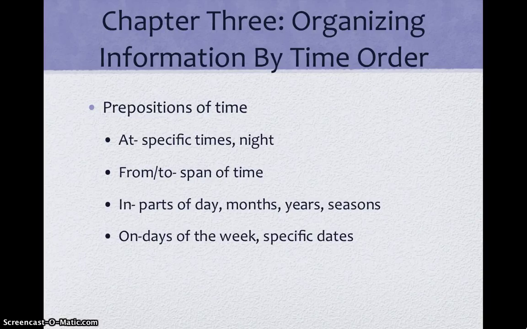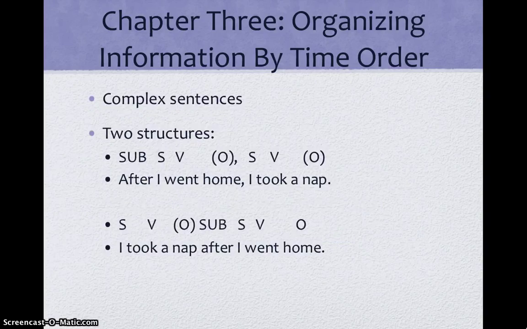On goes with days of the week and specific dates: on Monday, on Tuesday, on April 23rd, on September 26th. So remember, when you are using these prepositions of time, that they go with specific times.